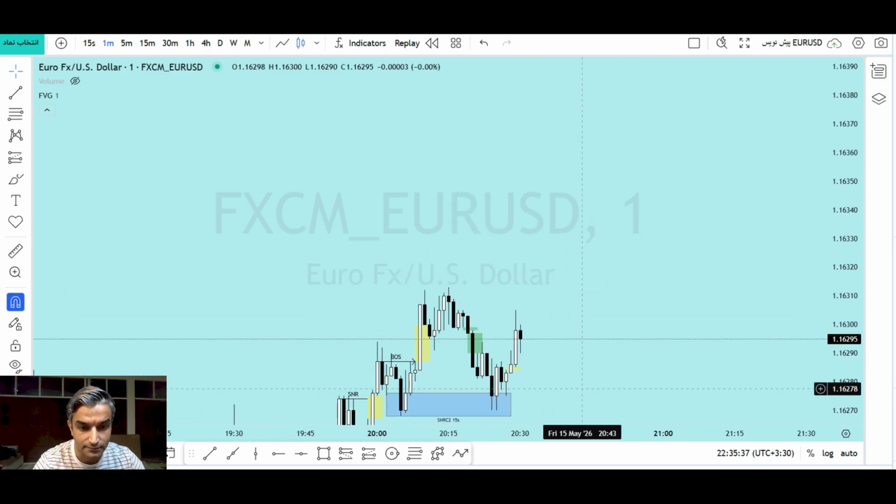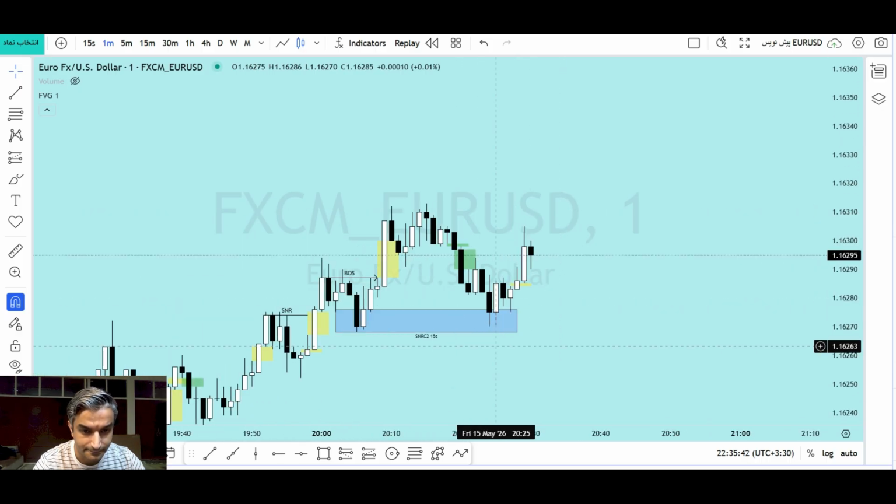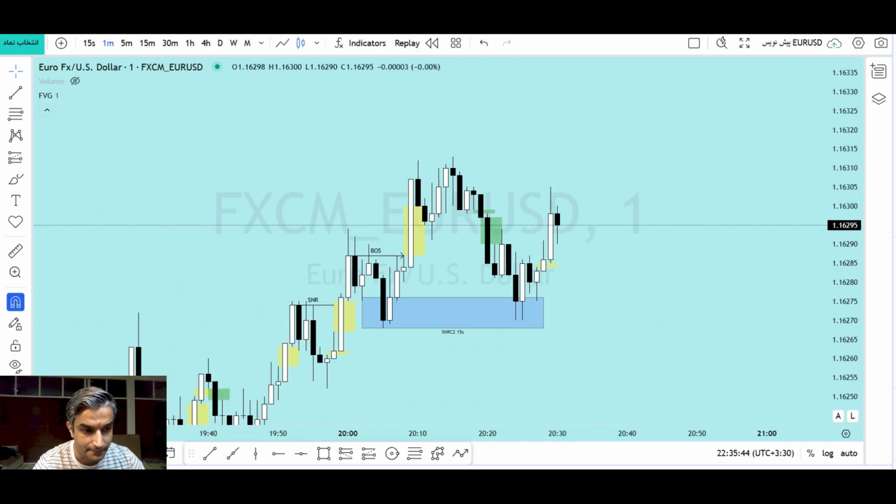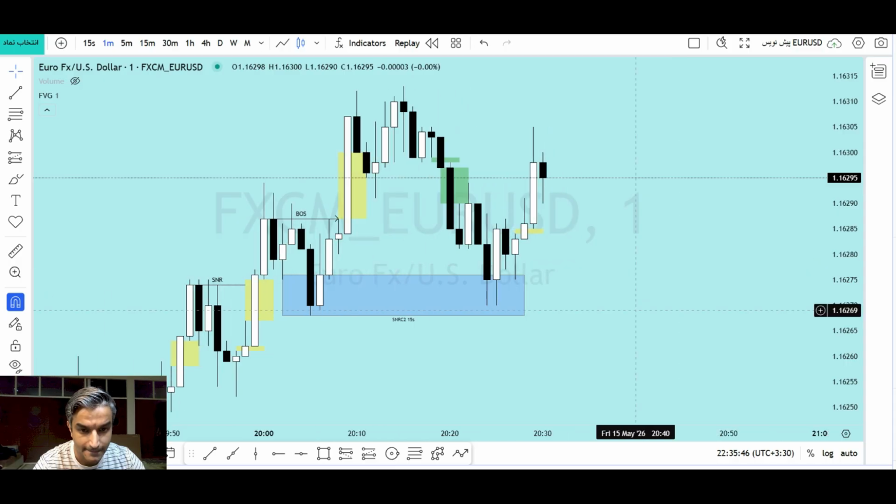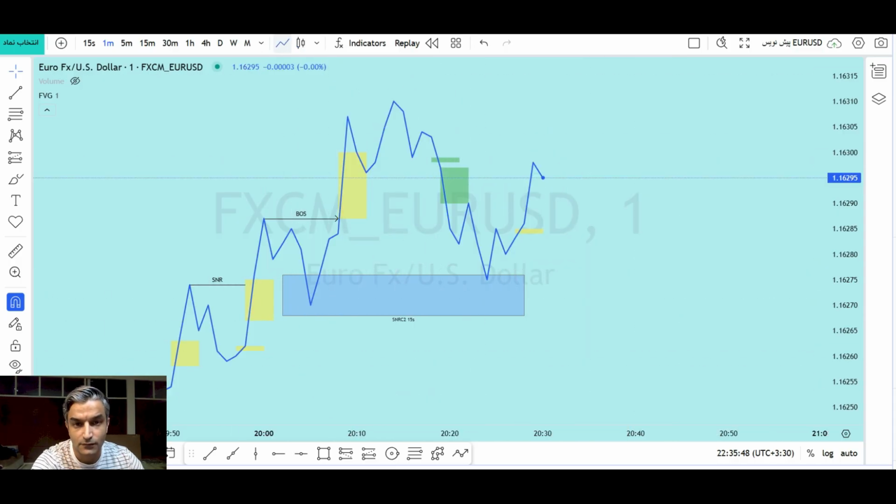For example, here, if we change it to the line chart, as you see, we have a break in this area. This resistance has been broken.